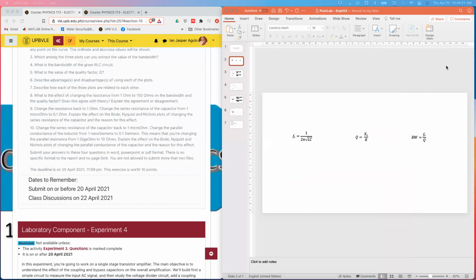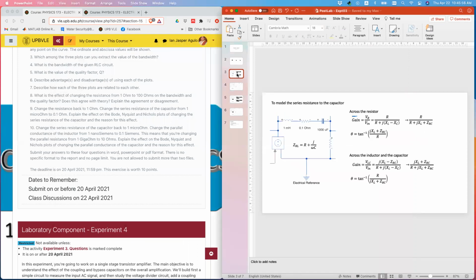Okay. So, theoretically, pwede nyo gawin din ito. Kung ayaw nyo gawin sa Simscape, you can do this. So, you can replace, or you can add a resistor in series with the capacitive reactance. Okay, so from this theoretical circuit without the series resistor, you change the equation to this, na kung saan yung ZRC is given by this equation.